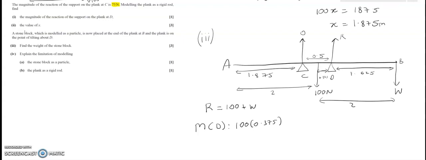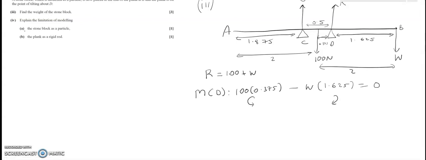And then that there is going to make it turn this way around, so anti-clockwise. So I've got anti-clockwise as positive again in this one. And then the W force is going to make it turn clockwise, so I'm going to have that as negative. And it's W times 1.625. It's on the point of tilting, but it's not actually tilting, so this is going to be equal to 0.